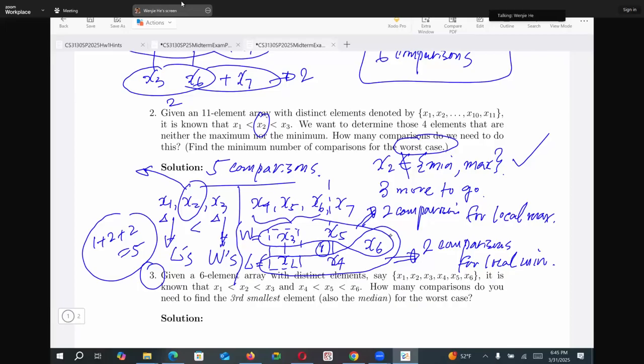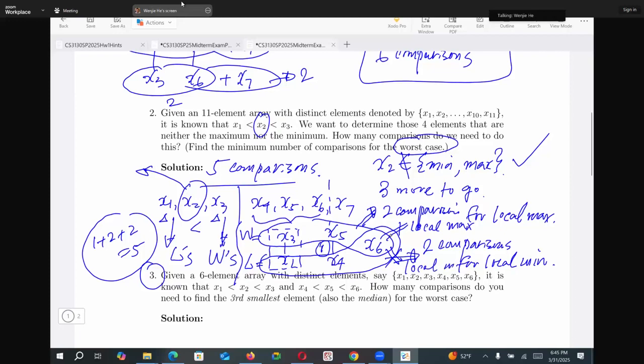We still need 2 comparisons. So based on that analysis, X6 should not be the local maximum and the local minimum. Otherwise, it's not the worst case. X6 cannot be the local max, and similarly cannot be the local minimum.